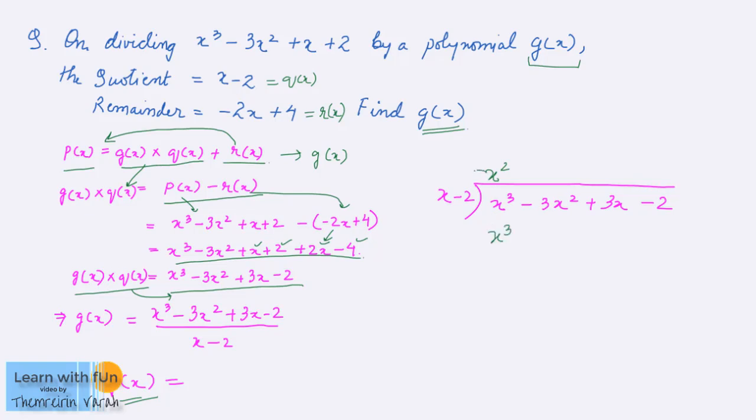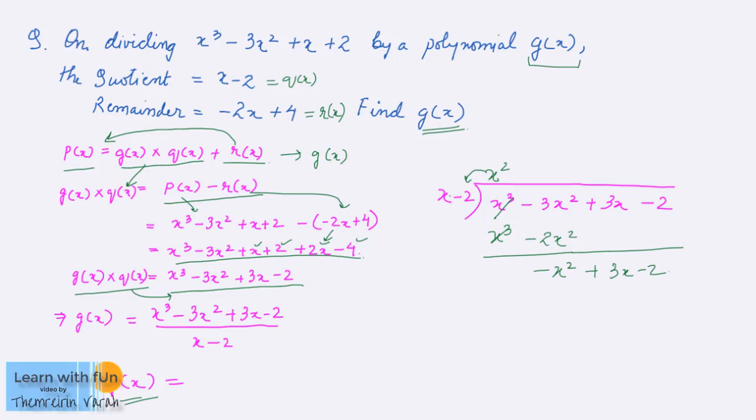Then x square into minus 2x is minus 2x square. Minus 3x square minus 2x square is minus 1x square, and we bring down plus 3x minus 2.